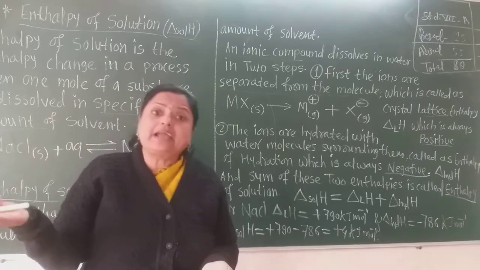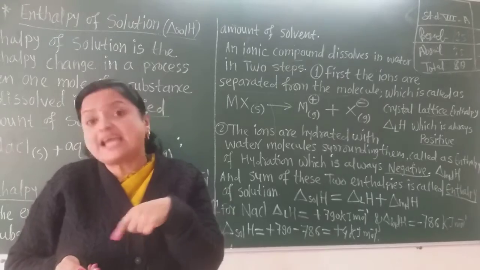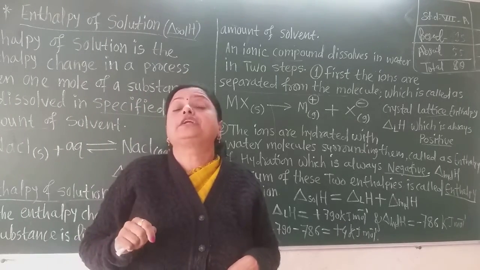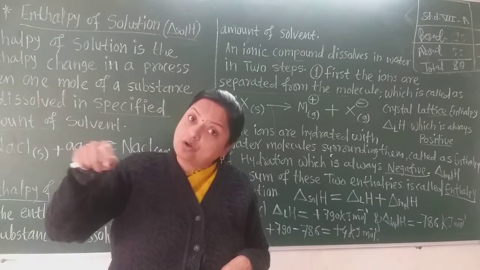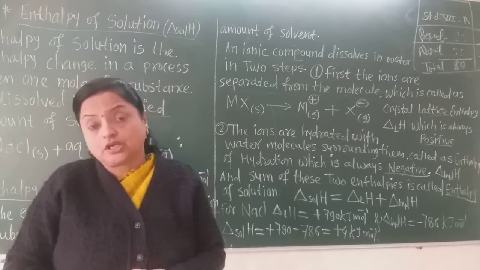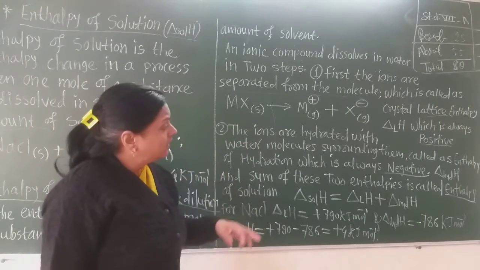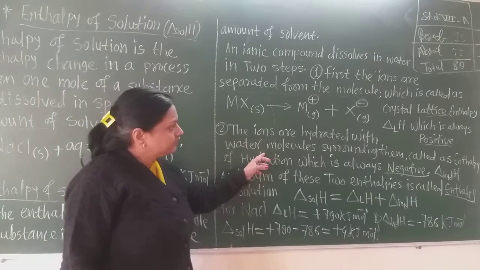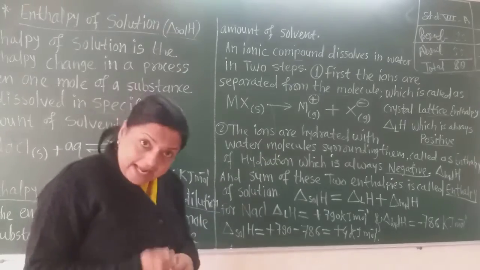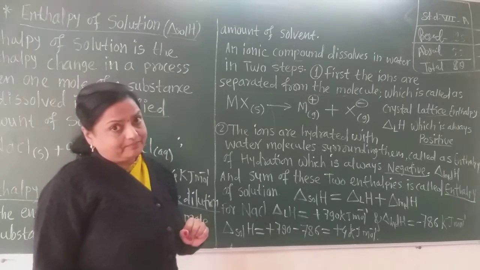And the negative ion of the ionic compound is also surrounded by the water molecules such that the positive end of the water, that is the hydrogen ends, surround that negative ion. That process is called the hydration of ions. So the second step is that the ions are hydrated with water molecules surrounding them, called the enthalpy of hydration.